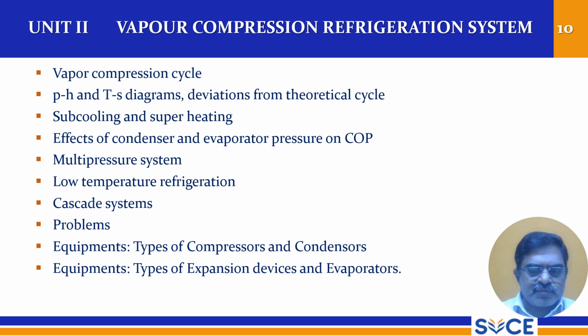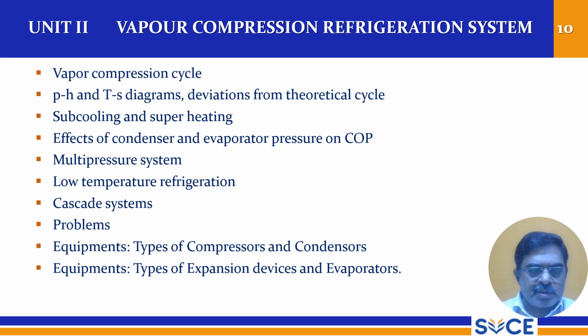Deviations from the theoretical cycle we are going to discuss in the second session, and then subcooling and superheating, and the effect of subcooling and superheating on the vapor compression cycle, we are going to discuss here.